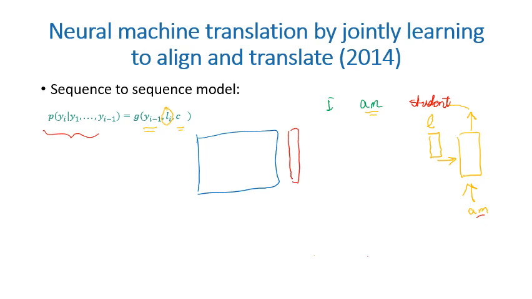The context vector goes to this decoder. So my decoder has access to this context vector C, has access to the previous word, yi minus 1, and has access to this state, right? Okay, that's the vanilla sequence-to-sequence model.